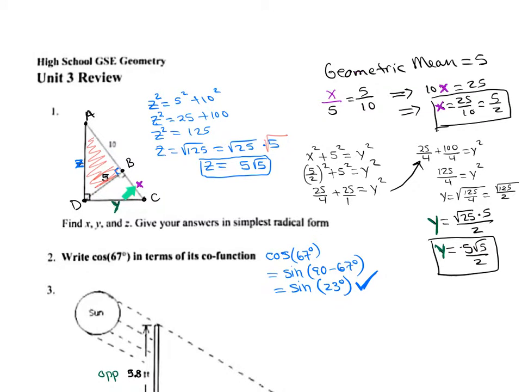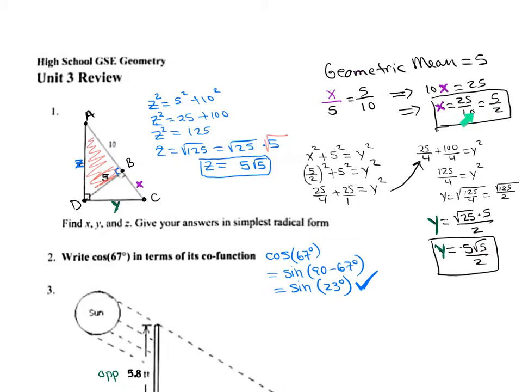That's called the geometric mean property. When we cross multiply, we get 10 times x equals 5 times 5, or 25. We can divide by 10 on both sides. So x is 25 over 10, which reduces to 5 over 2.